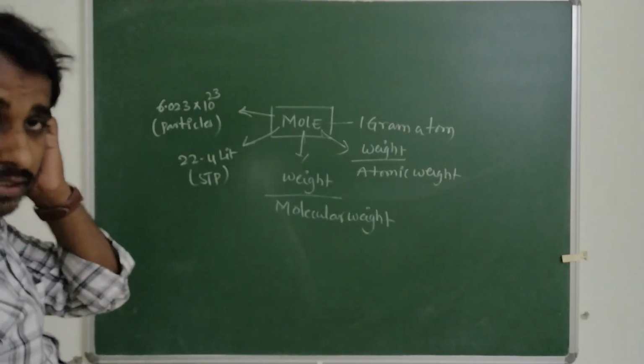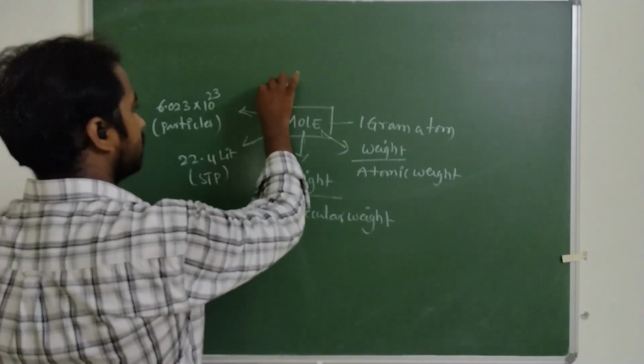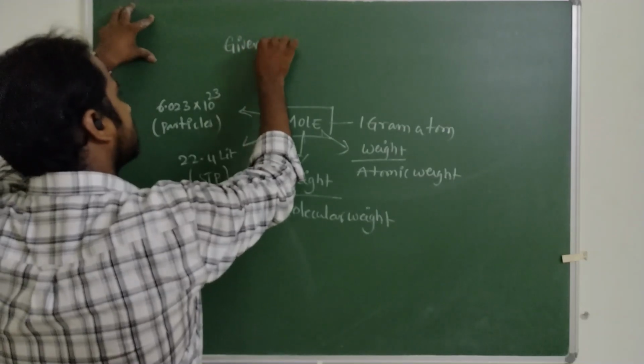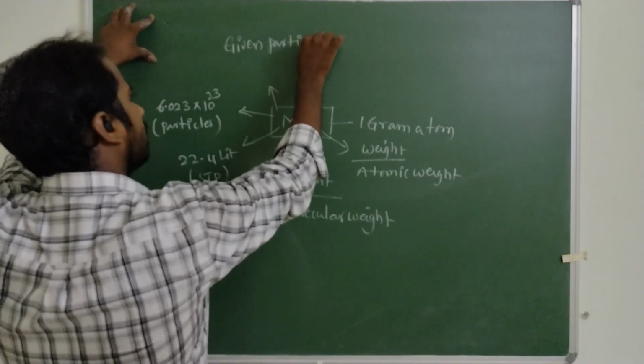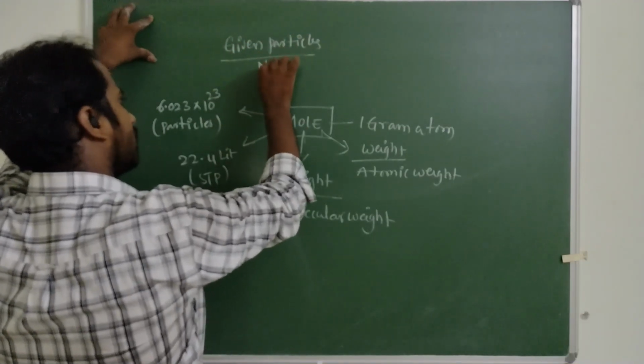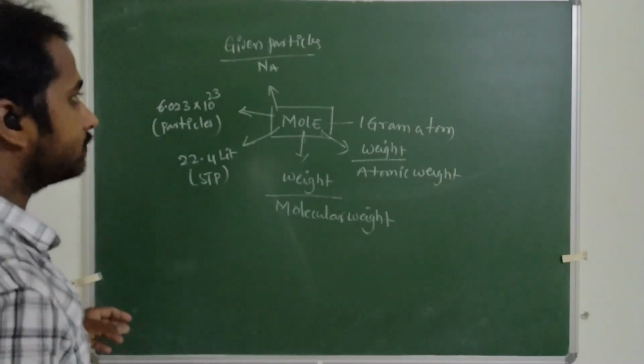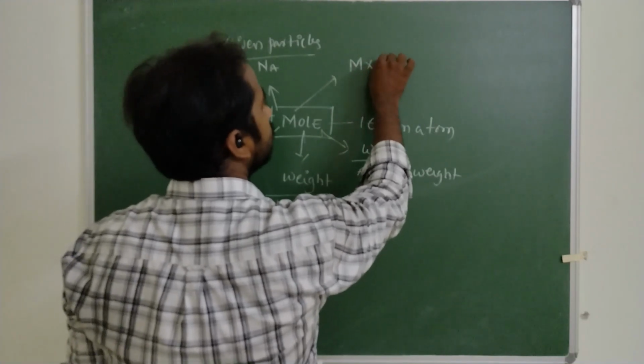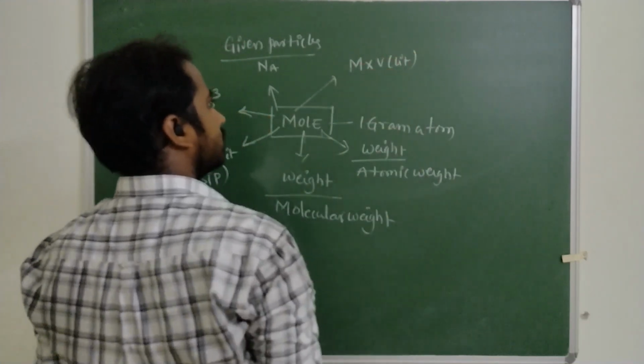Particles in the sense atoms, molecules, electrons, protons, everything, and it is equal to given particles by Na, the Avogadro number, and it is equal to molarity into volume in liters.